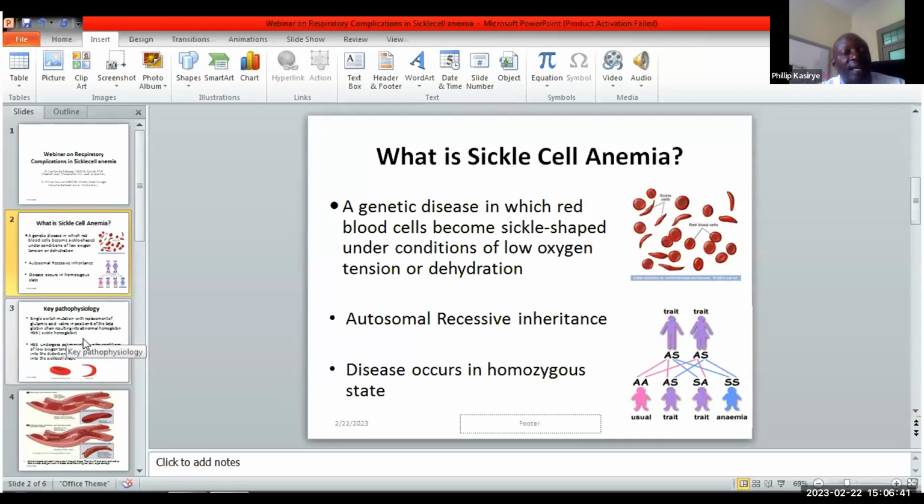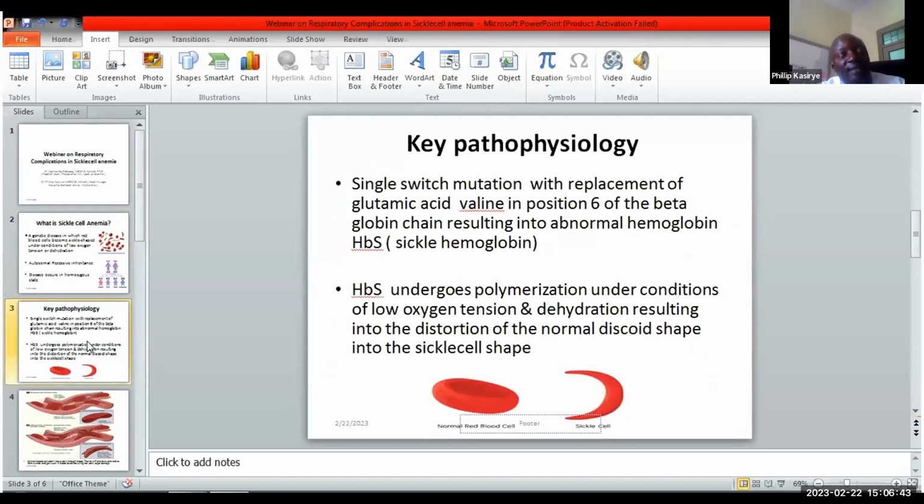So the underlying pathophysiology is that normally we have hemoglobin A, but when you have a gene for sickle cell in the heterozygous state, in other words, a carrier, there is a chance of transmitting this gene to the offspring.